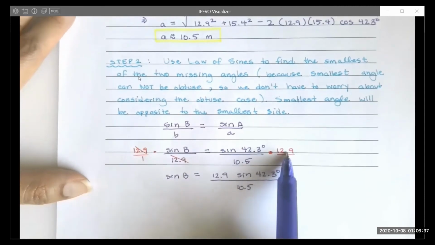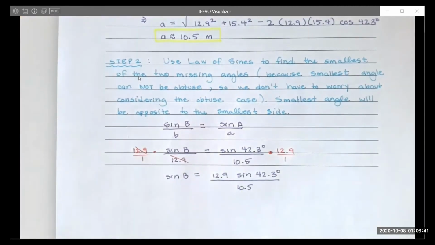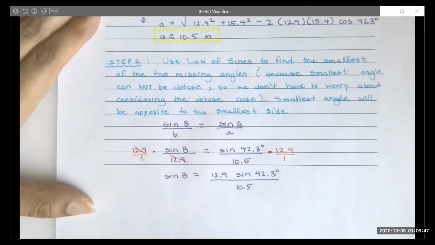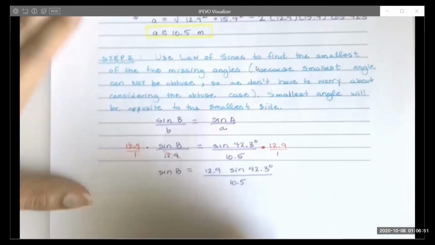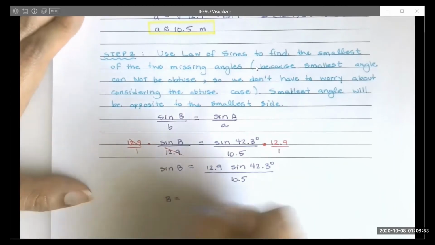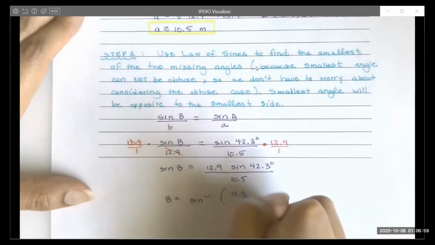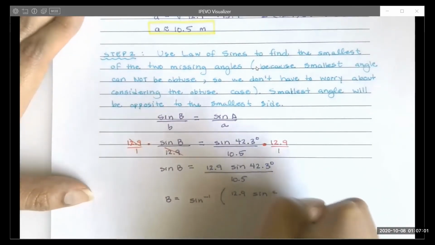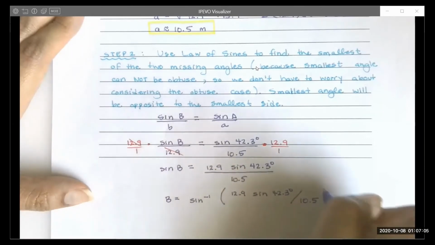Again, notice that I'm writing the 12.9 in the front simply because I want to avoid any confusion with multiplying into the angle. Okay, and then what does that mean for B? Well, that means for B that we're taking sine inverse of this quantity: 12.9 sine of 42.3 divided by 10.5.